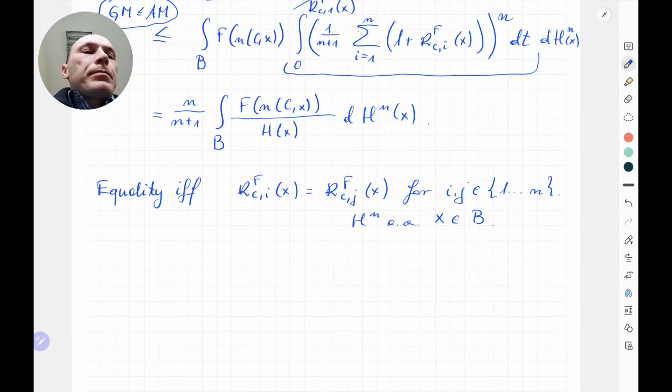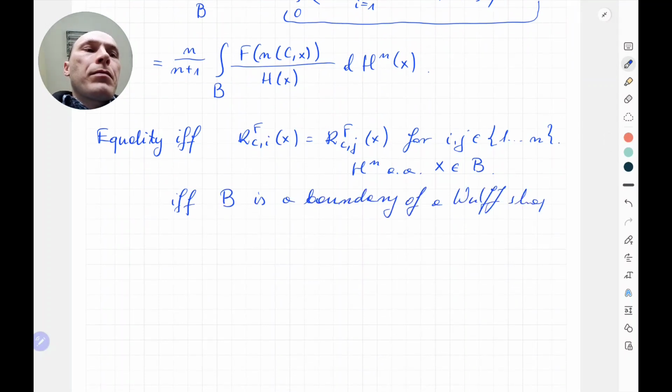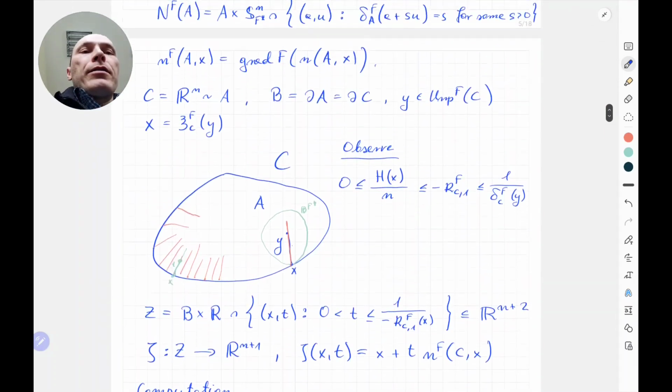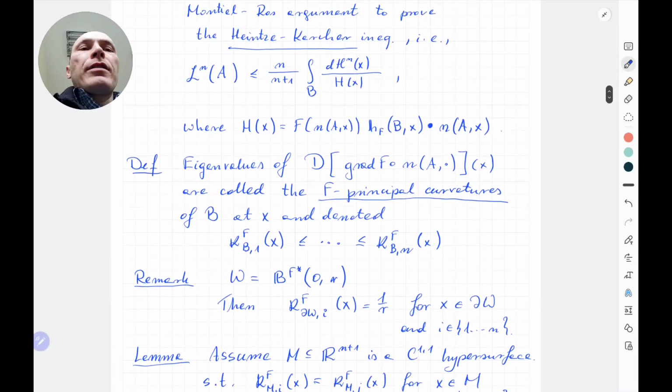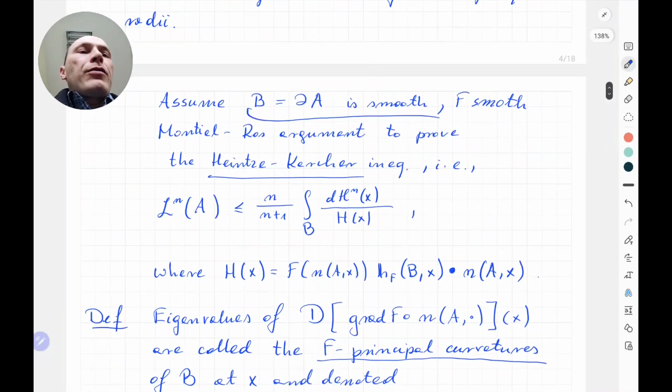And as you recall, this means that the surface B is totally umbilical, and this can only happen if B is actually the boundary of the full shape. Okay, so this is the end of the proof, and this is the end of the Montiel-Ros argument, at least in the case that we have smooth things.